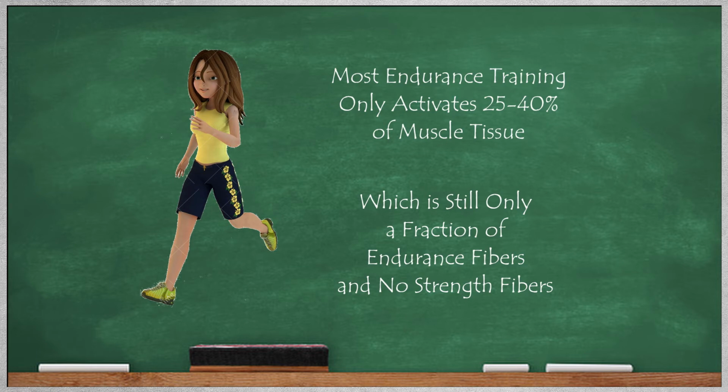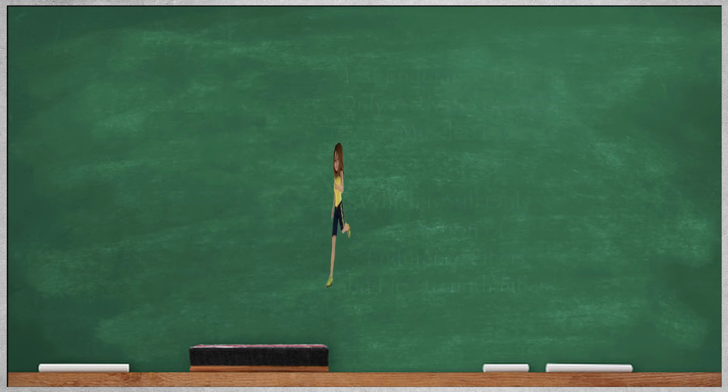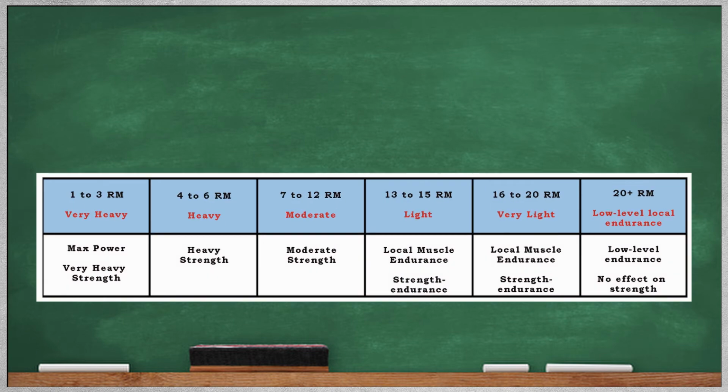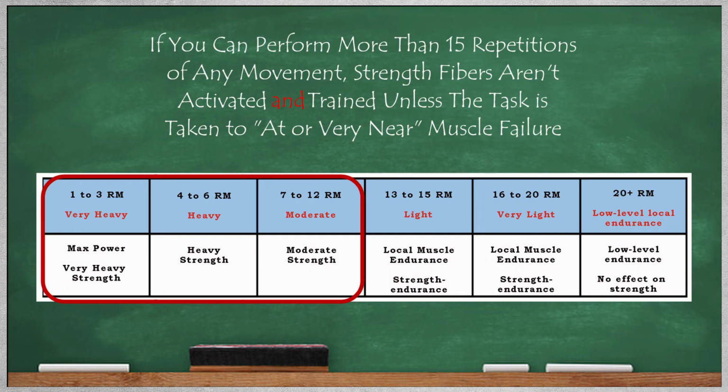But even with running, the body can produce enough force by only activating smaller endurance muscle fibers, and there's no need to activate strength fibers unless the run turns into a short burst of high intensity, like a sprint. The size principle of strength dictates that strength fibers are only activated if the load is such that only about 1 to 15 repetitions can be performed, and only when the activity is taken to at or very near what is called task failure or muscle failure, such as what you see in this video.